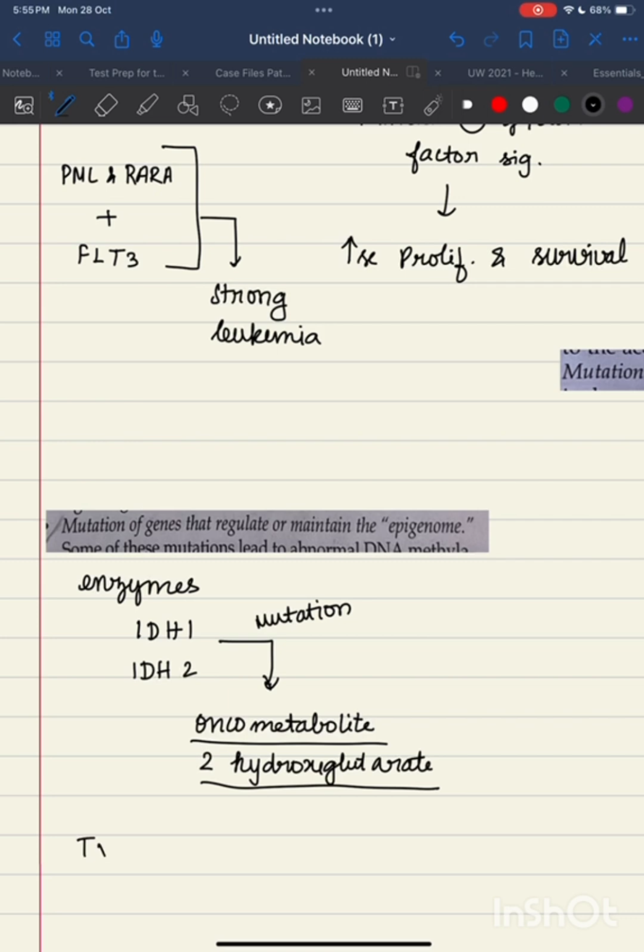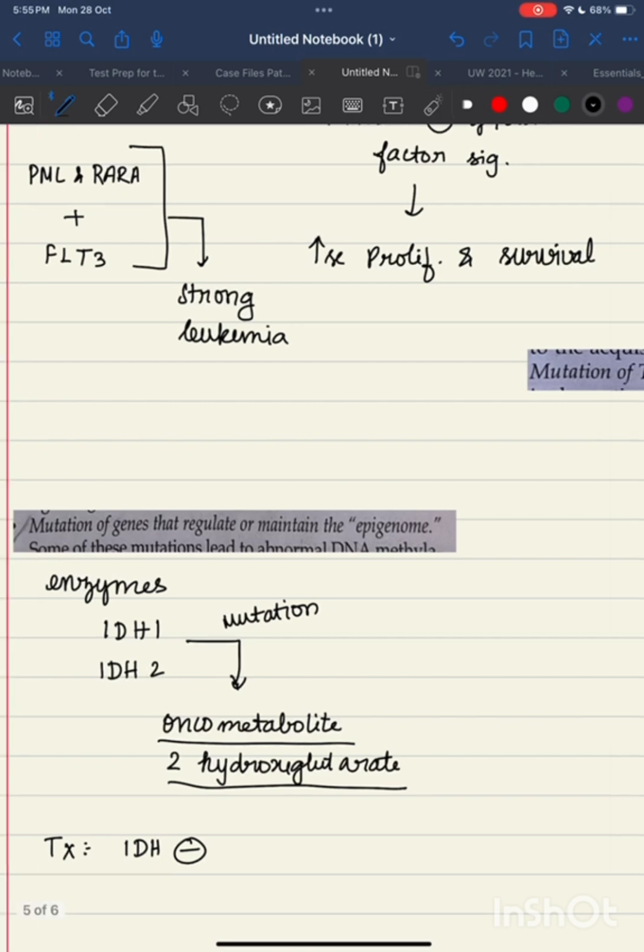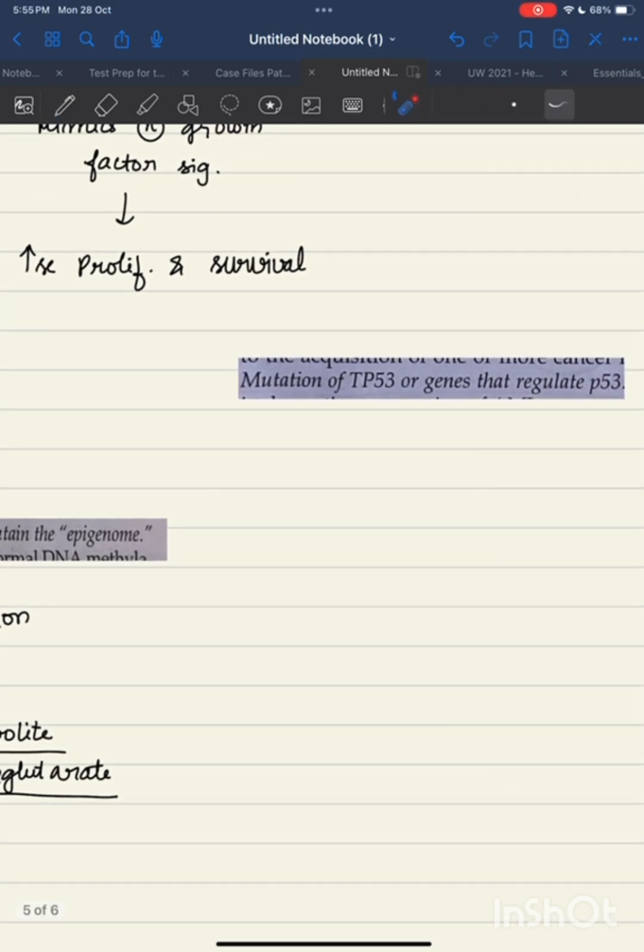So for treatment, what will we do? We will give IDH inhibitors for treatment purposes.